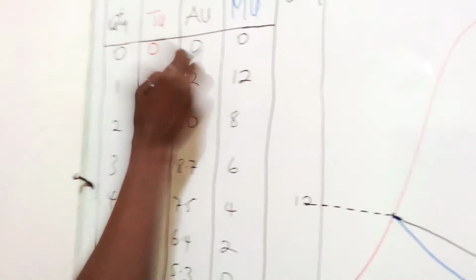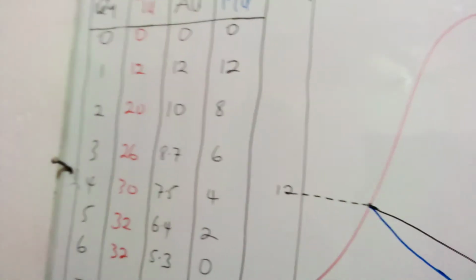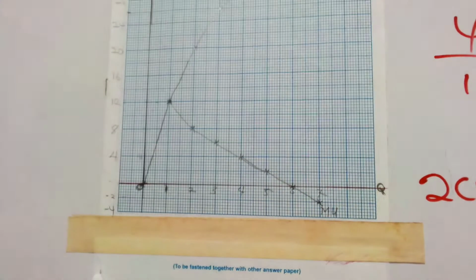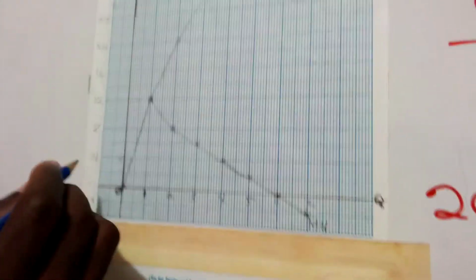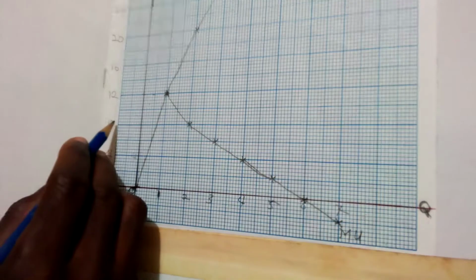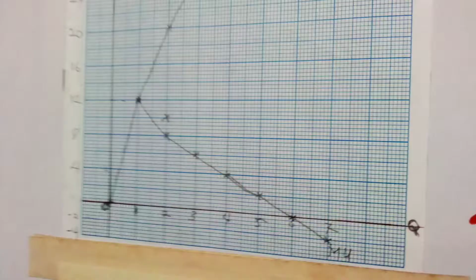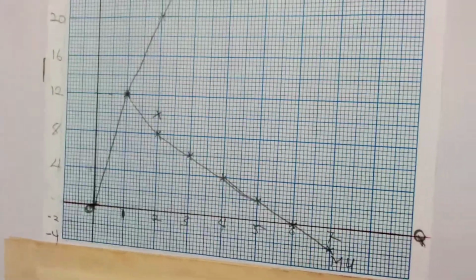So this and this. It starts from 0. The next one is 12. It starts from there. The next one is 10. So we need to plot 10. So from this is our 10. So we have our 10 here. Then the third one gives us 8.7.